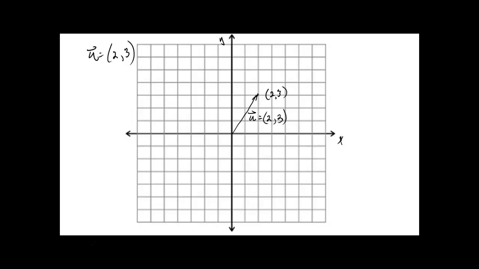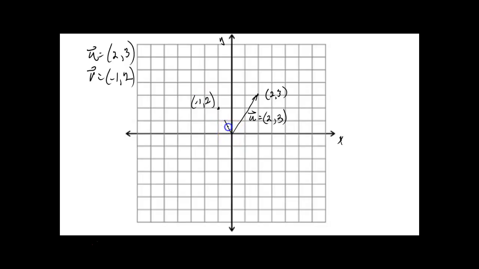Now, what if we were going to represent the vector (-1, 2)? Vector v is (-1, 2). What would we do there? Left 1, up 2. That gives you the point (-1, 2).